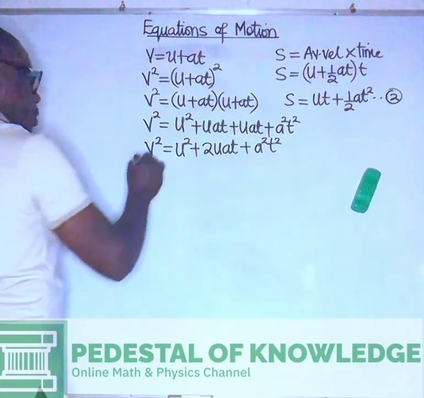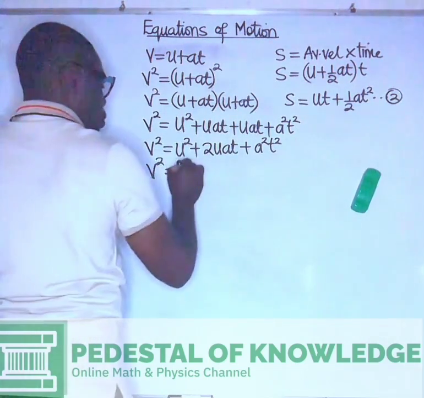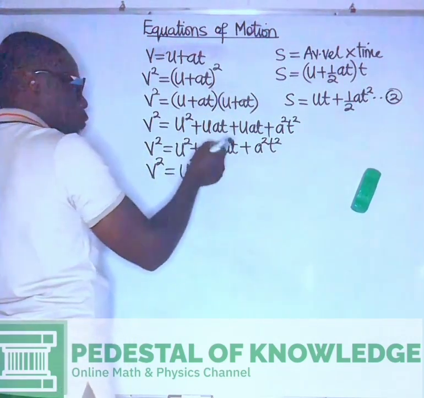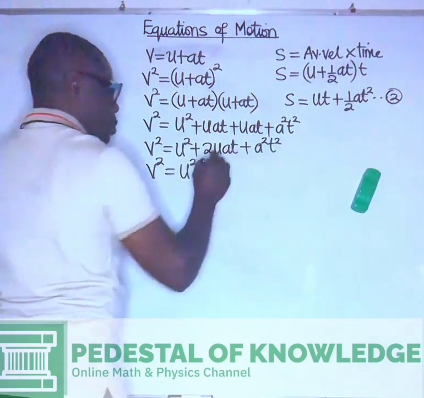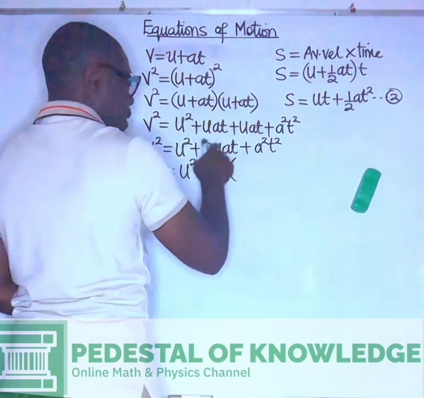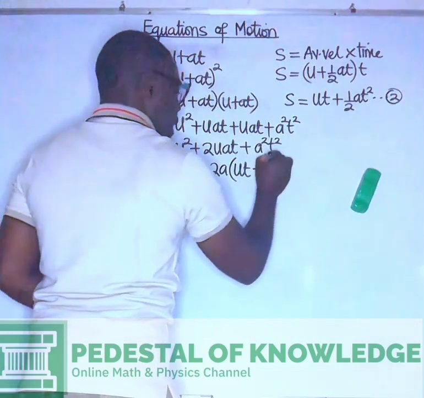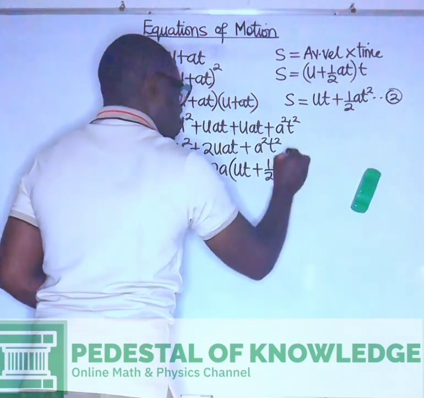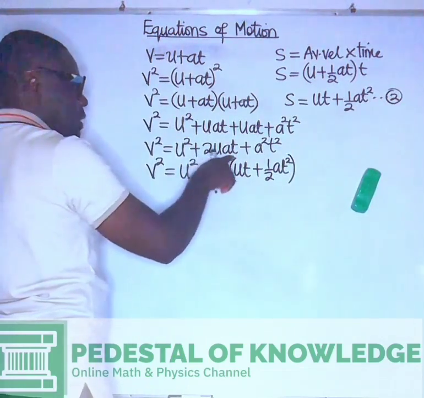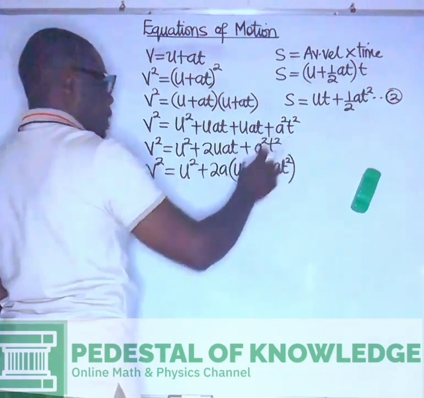Okay, now we have v squared is equal to u squared plus, now when we factor out 2a from this term and this term, we're going to have 2a into, now what remains here now is ut plus, and what remains here is half a t squared, because 2a times ut will give us 2uat, and 2a times half at squared will give us a squared t squared.